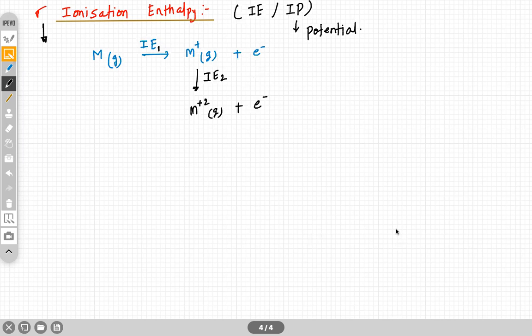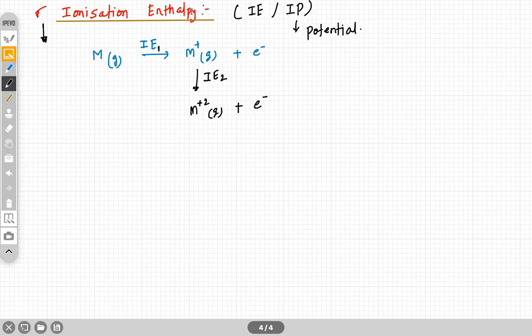Which one is maximum? IE1 is the least and IE4 is the most. And why is that so? Because as the electrons are going out, we are moving closer to the nucleus and hence more attraction.